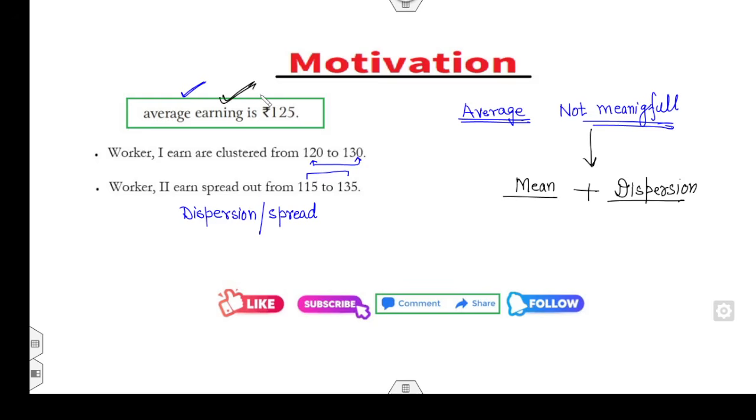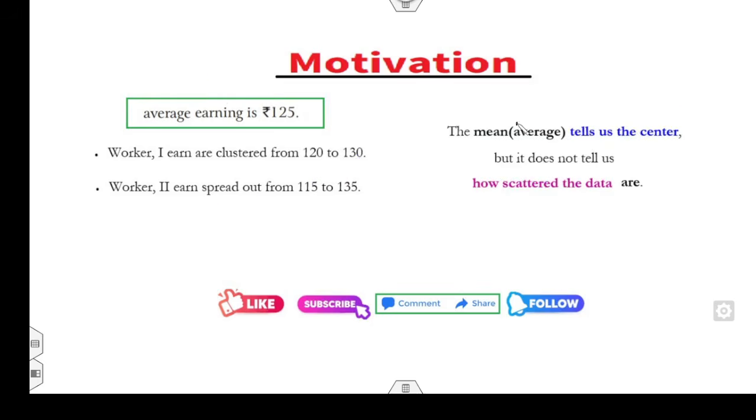In other words, the average tells us only about where the data is concentrated at the center, but it does not tell us how the data is scattered in the given observations, and how to measure such scatter.